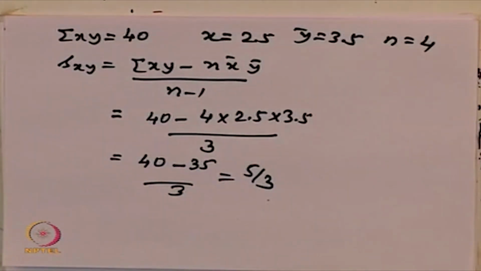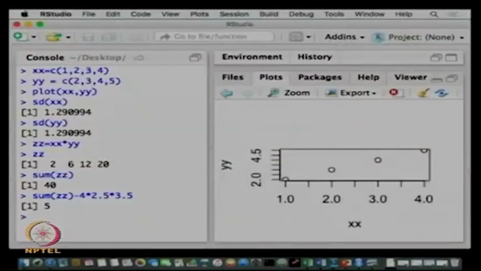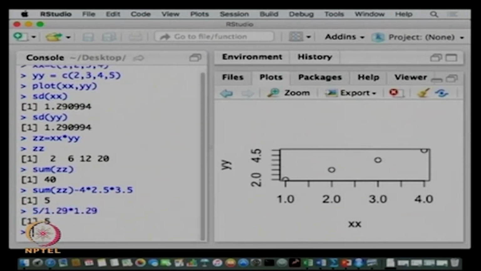And I know the standard deviation Sx. So, my correlation coefficient is going to be 5 by 1.29 star 1.29.